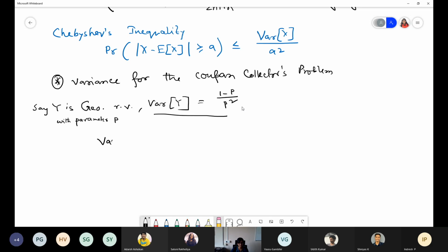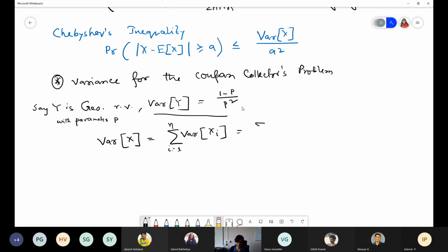So variance of X is again a sum, sum over i going from 1 to n of variance of Xi. The p value we already know.